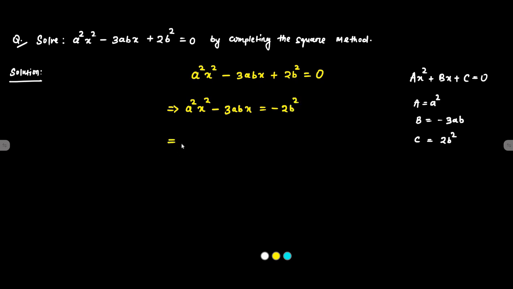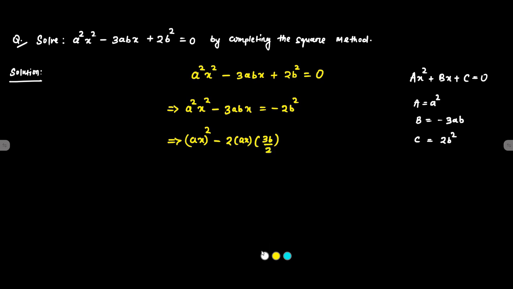That implies ax whole square, we will write a square x square as ax whole square, minus, now we have to represent this in 2ab format. So 2 into ax into 3b by 2. The 2 will get cancelled and we will have 3abx.